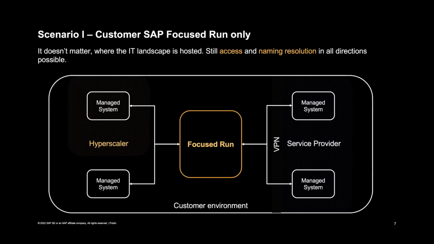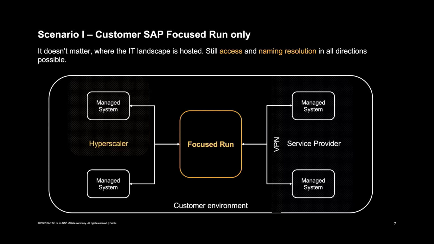The communication between the customer environment and the service provider is usually established via VPN communication. This VPN communication for the managed components, in most cases, is anyway necessary because not only the customer Focused Run needs to access the managed systems in the service provider environment, also the end user needs to have access.